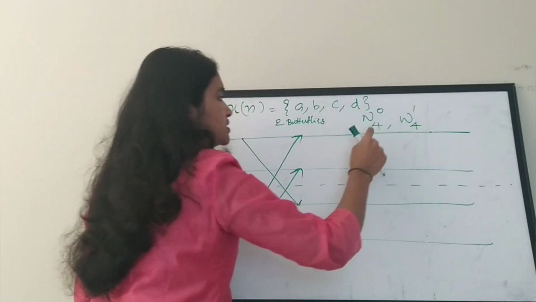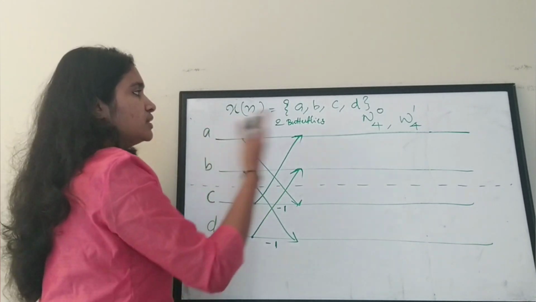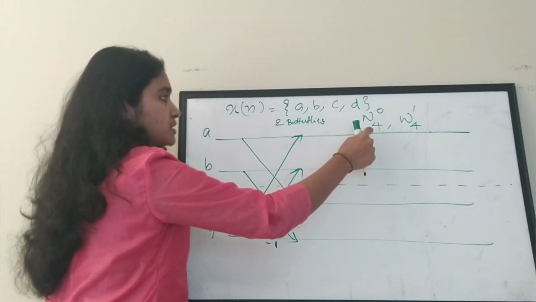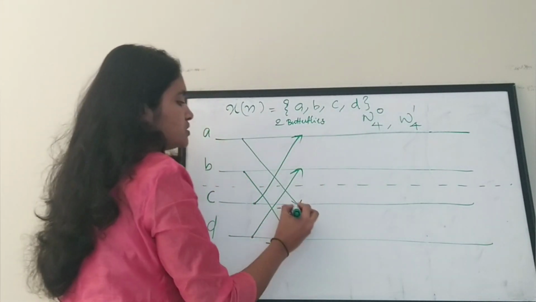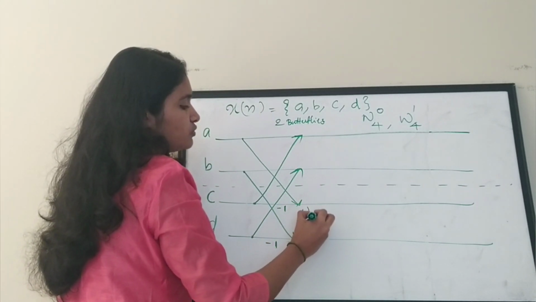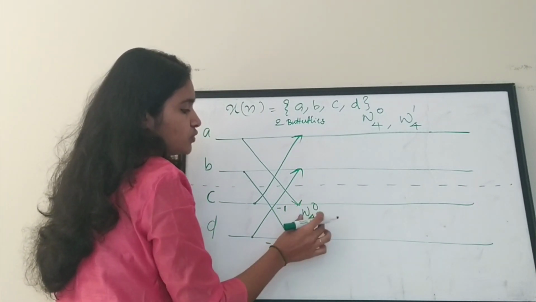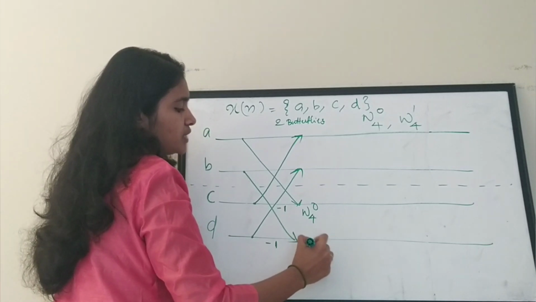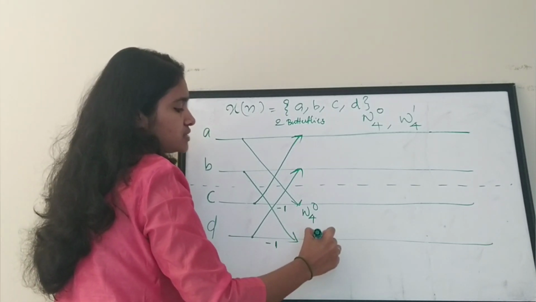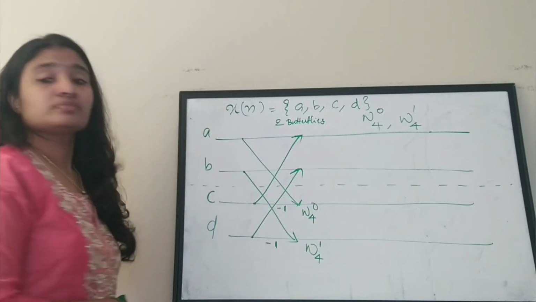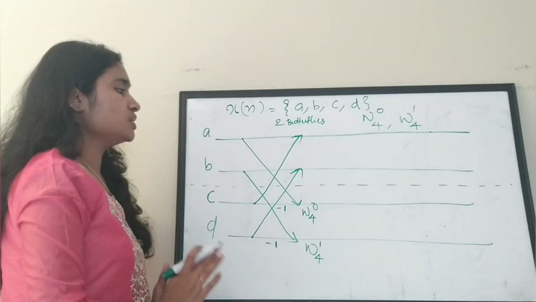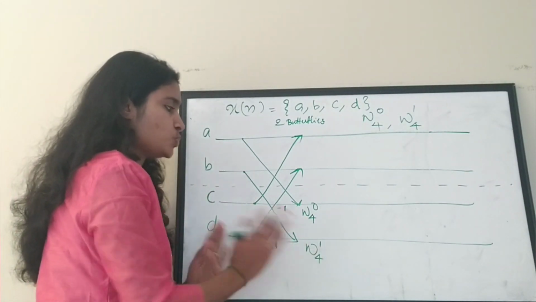And n value is the number of inputs. Here there are 4 inputs and hence the n value is 4. So here it is W4 raised to 0 for this lower end, and for this value it is W4 raised to 1. Right, this much is the basic things for the stage 1.